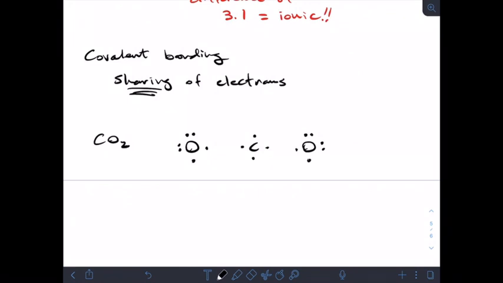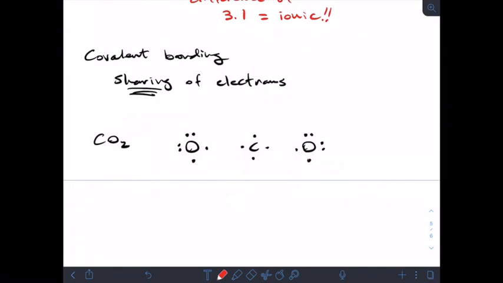Each oxygen has 6 valence electrons and carbon has 4. Everybody still wants to get to 8. The octet rule still applies here, but we're not going to make ions. We're going to share electrons, sort of in a socialist, communist sort of mindset of, if everybody has access to the electrons, let's all get there.